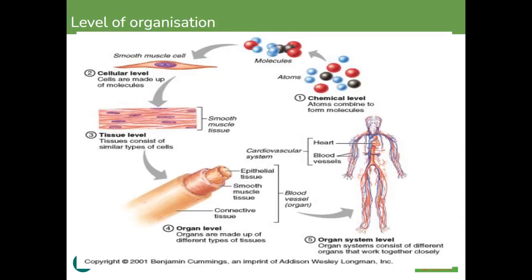And then eventually, for example, in this case, we're talking about the smooth muscles, the cells of the smooth muscles working together to form what you call the tissue, and then these tissues combine to form a system which is basically able to carry out a number of different functions within the body. So the organism system is now when you have all systems working together such that the organism or the human can exist.